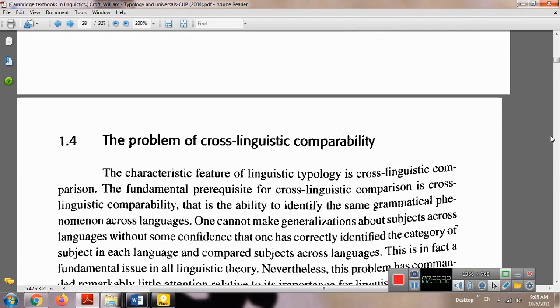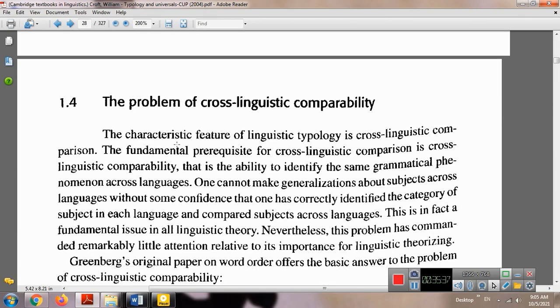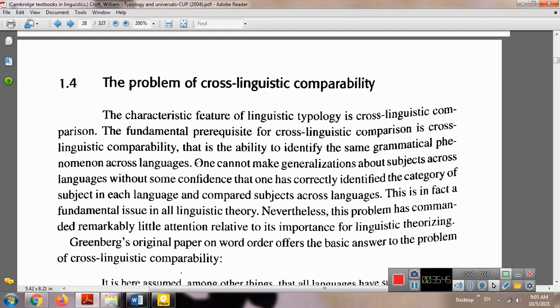But what is the problem of cross-linguistic comparability? The characteristic feature of linguistic typology is cross-linguistic comparison. The fundamental prerequisite for cross-linguistic comparison is cross-linguistic comparability, that is, the ability to identify the same grammatical phenomenon across languages.